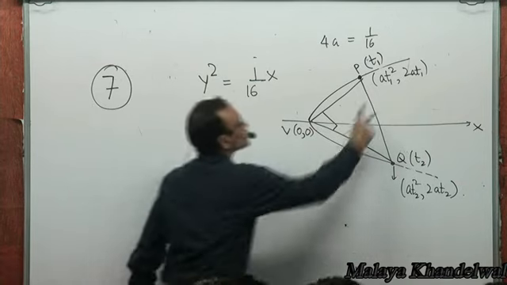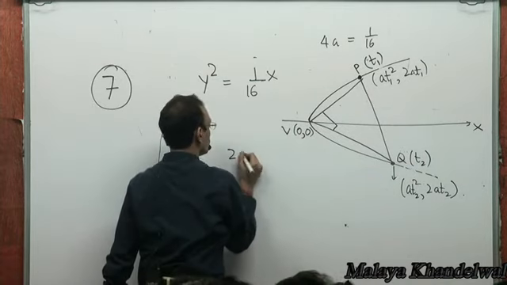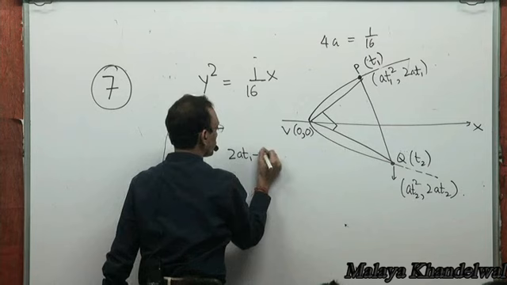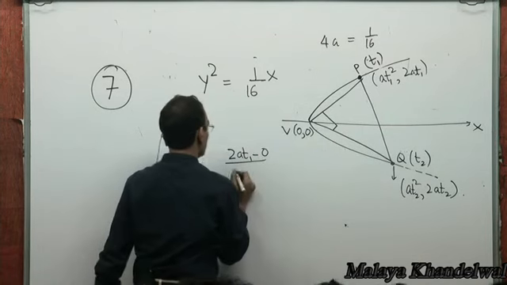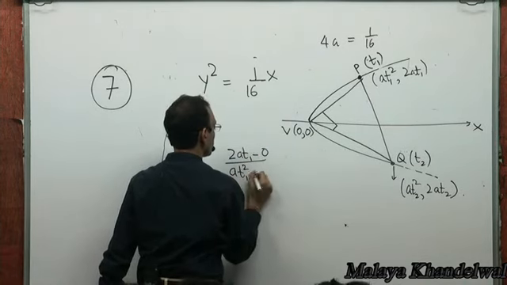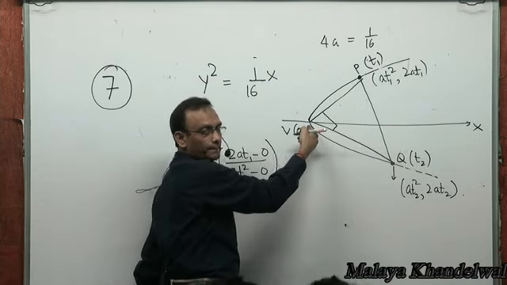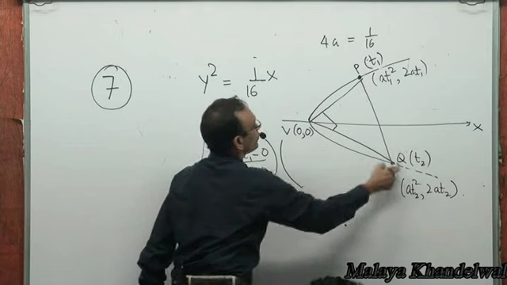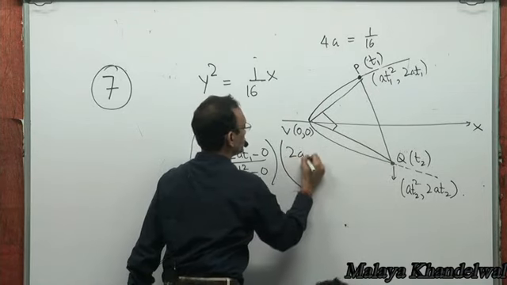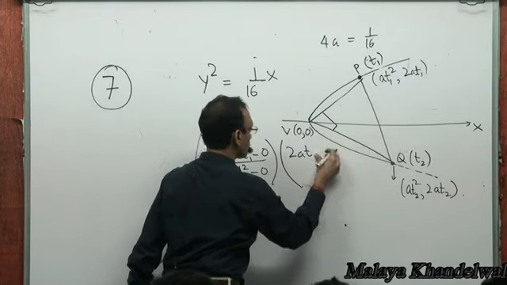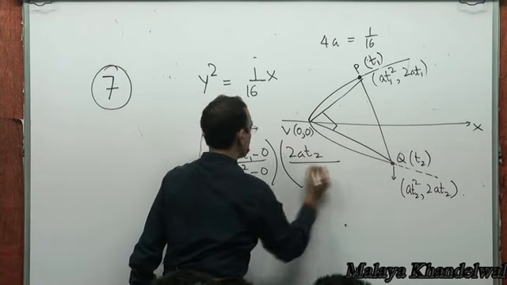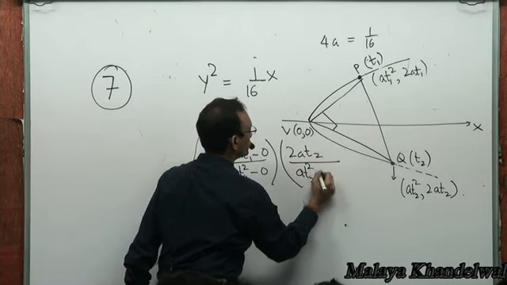So 2a t1 minus 0 by a t1 squared minus 0. That's the slope of PV, into the slope of QV, 2a t2 by a t2 squared minus 0.